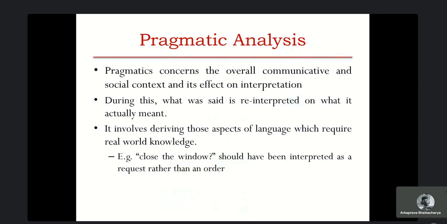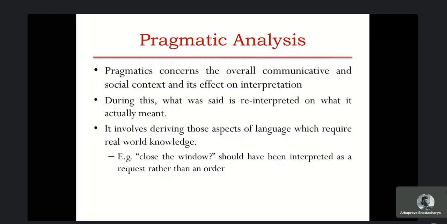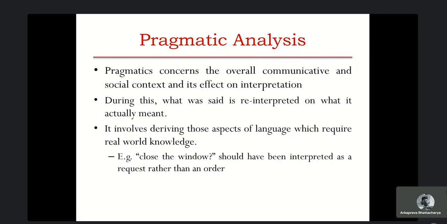Pragmatic analysis means the study of meaning in a given language. It is the process of extraction of insights from the text. It includes the repetition of words, who said what to whom, and so on. It goes with the language aspect of the language. If I say "close the door, close the window," it could be interpreted in two different ways: either as an order, or as something said in a polite form.